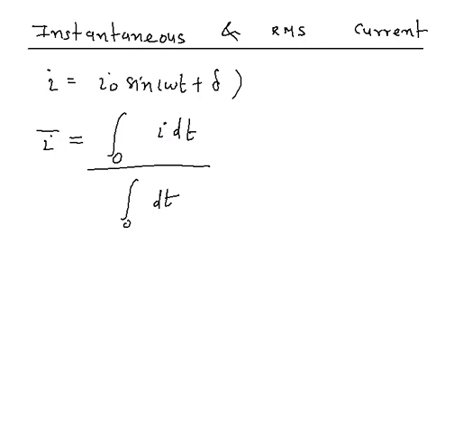Function dt upon dt, limit will go from 0 to that point of time in which you want to take the average. Let us talk about this average for the time period, capital T, where T is given by 2 pi by omega.